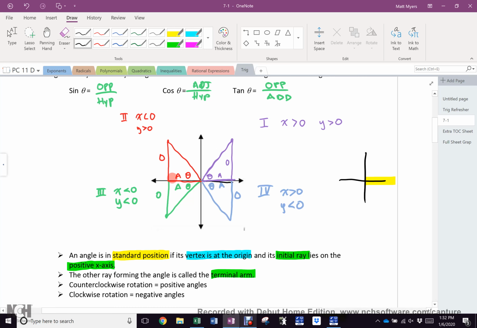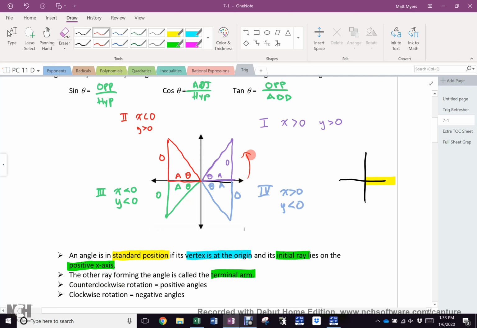We would agree that this is how that red theta has been measured, yes? Okay. But, that's not how we measure angles. We measure angles, like we measure everything else, from a single starting point. And that starting point is here, the positive x-axis. So, if I go counterclockwise, which way is counterclockwise from this line?